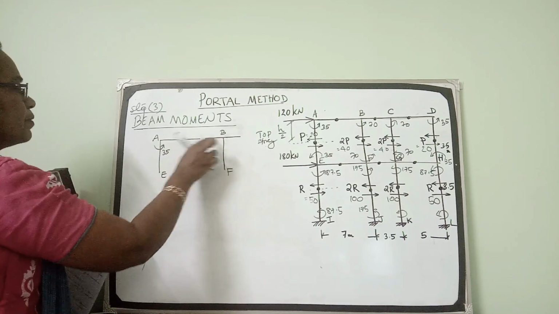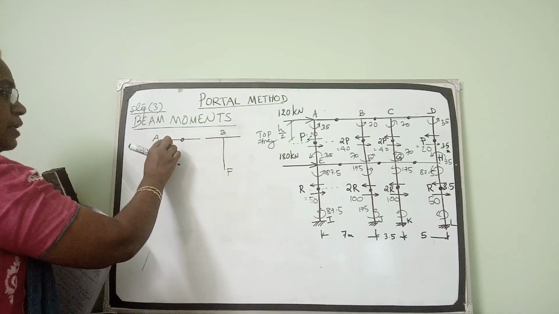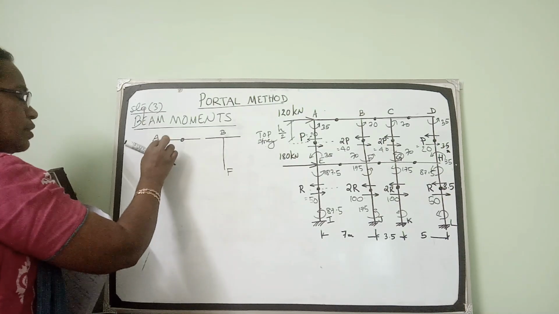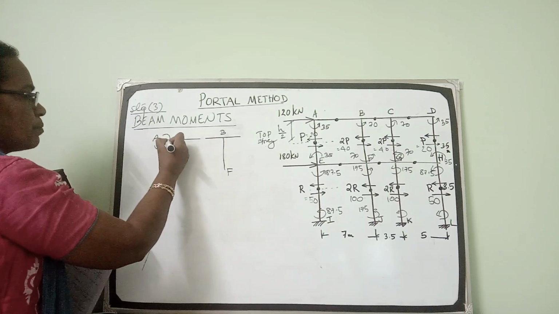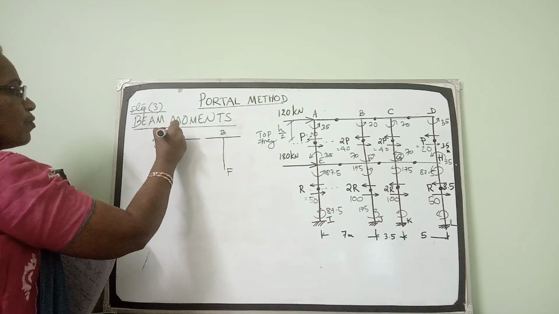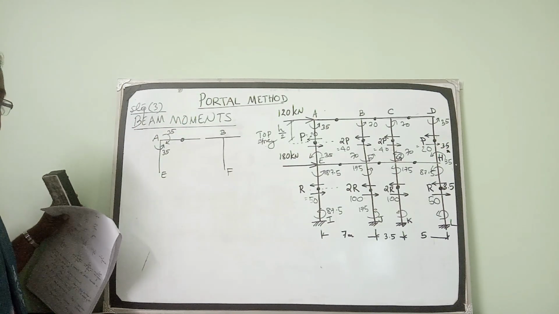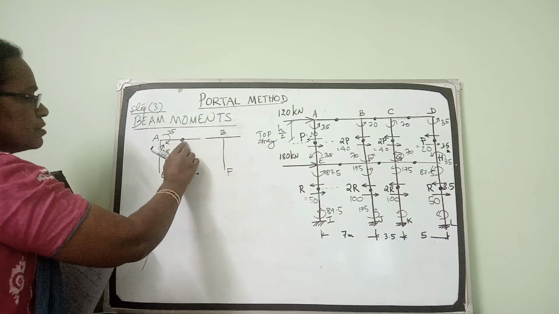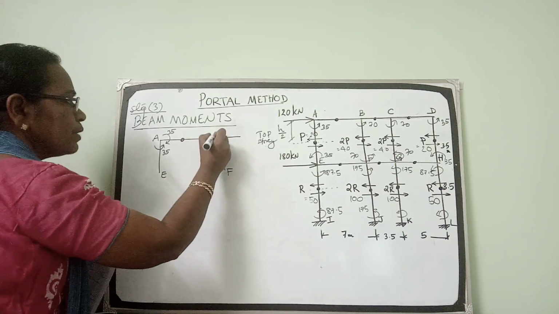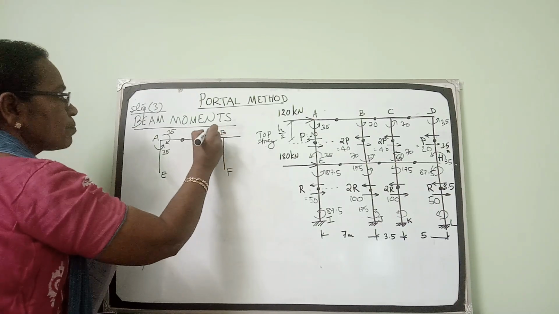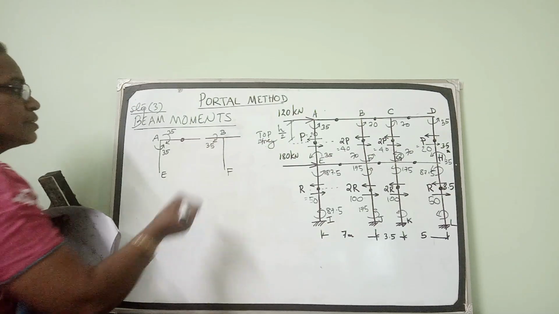If you consider beam AB, the moment at this end should be, in order to have equilibrium, if the column moment is anti-clockwise, the moment here should be clockwise, equal to 35. Now since there is a point of contraflexure, the moment at B should also be 35 clockwise.